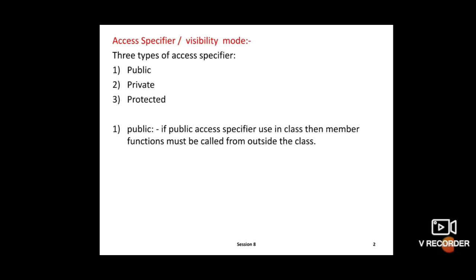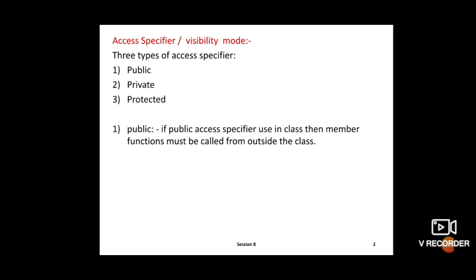When the public access specifier is used, then member functions can be called from outside the class. Understood students? When you use the public access specifier, then member functions can be called from outside the class.